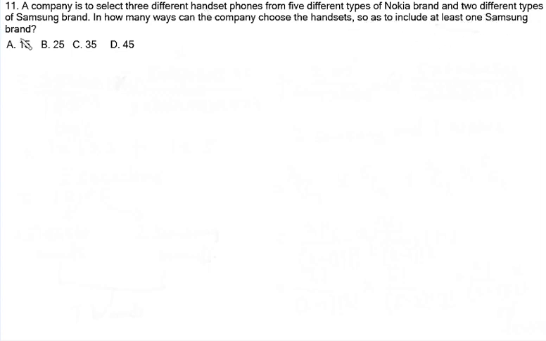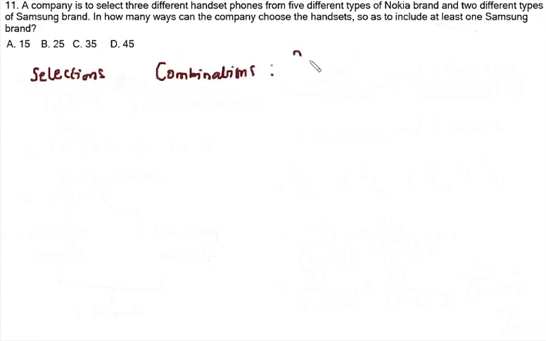So when you are talking about selections of something from another thing, you can solve problems like that using combinations in the form of combinatorial coefficients of n combination r. Basically what you're selecting from and the number you're going to select from.